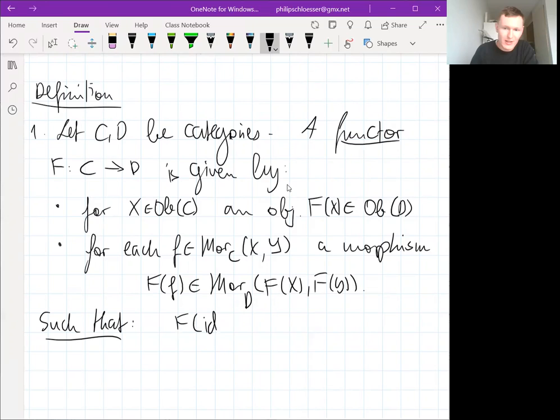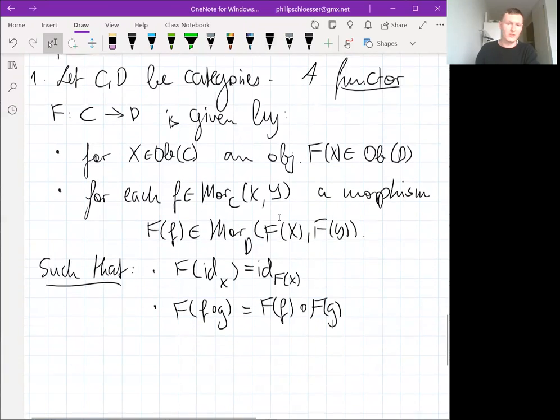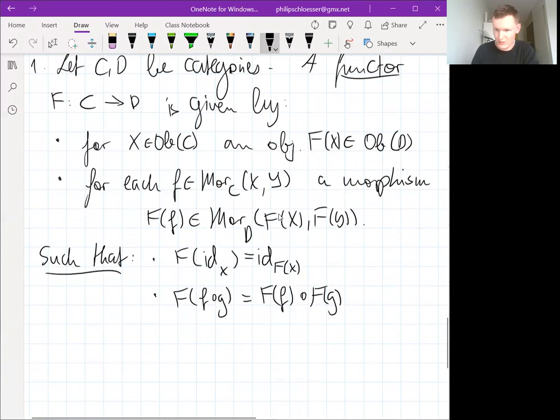Namely, F applied to the identity should again be the identity, but now at F(x). And secondly, if we have a composition, then F applied to that composition should just be the composition of F applied to the two morphisms.